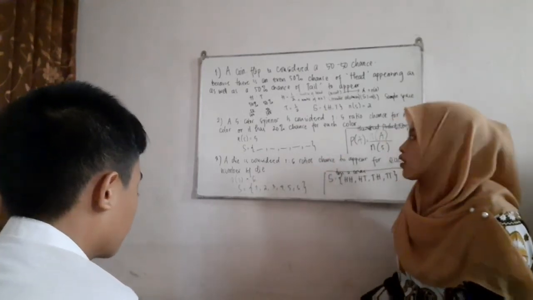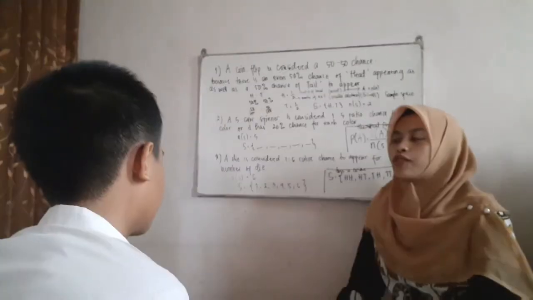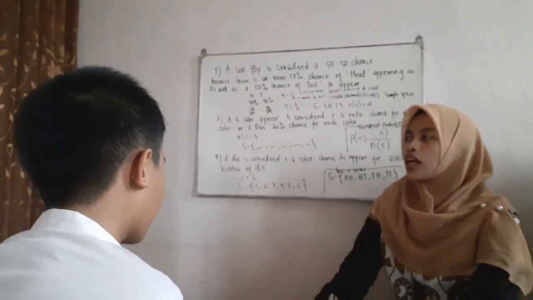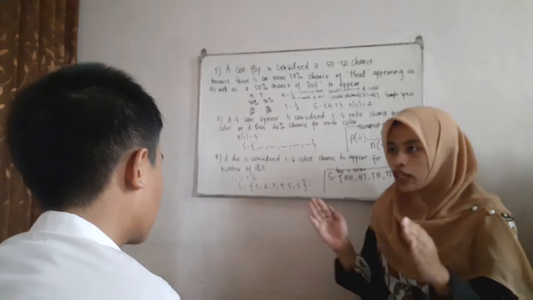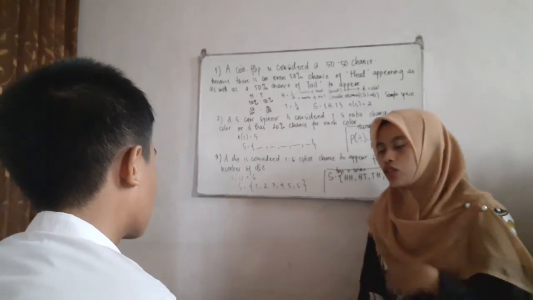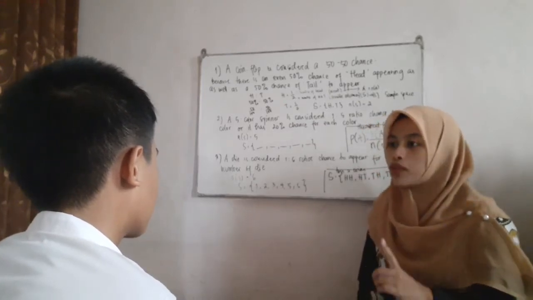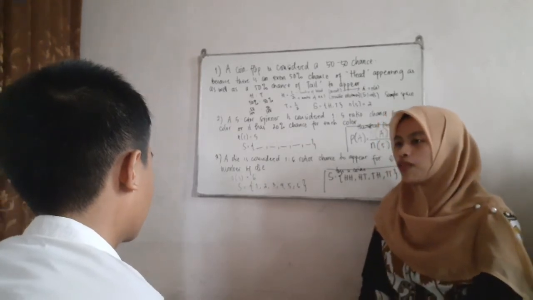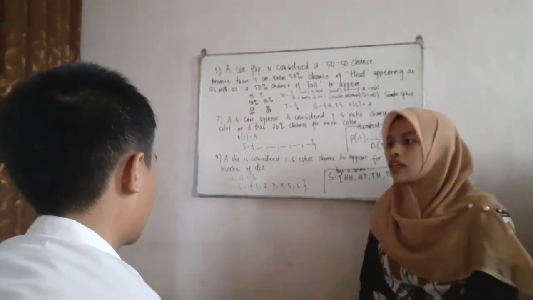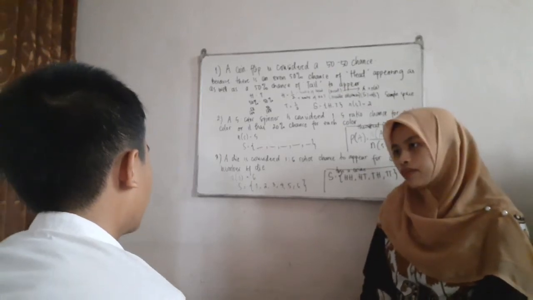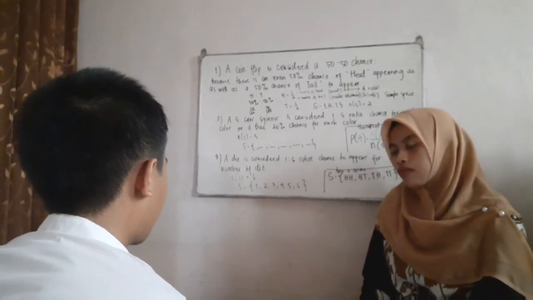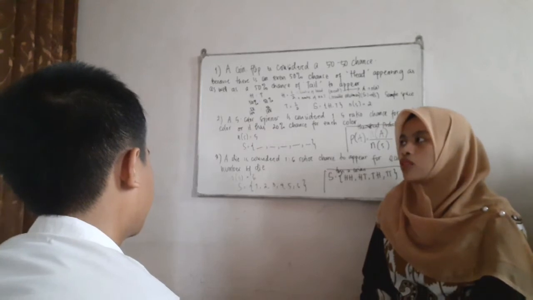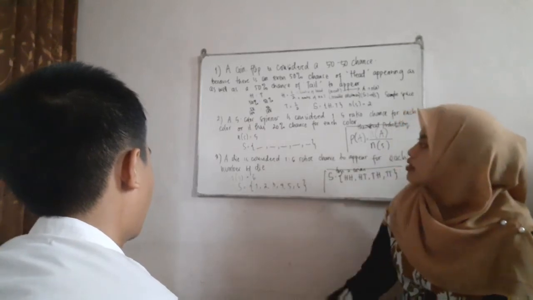Yes, Miss. Okay, good. I have a question for you. If you toss a coin for real and you do that more than one time, could you get the same value of probability as the theoretical probability? It could be, Ma'am. So how about the second statement?